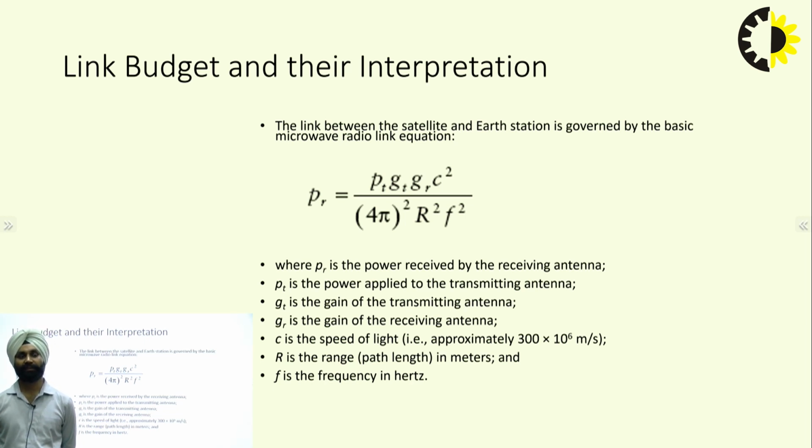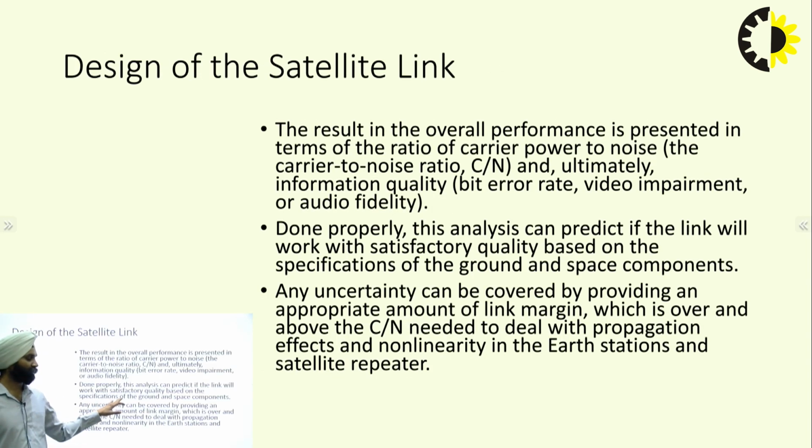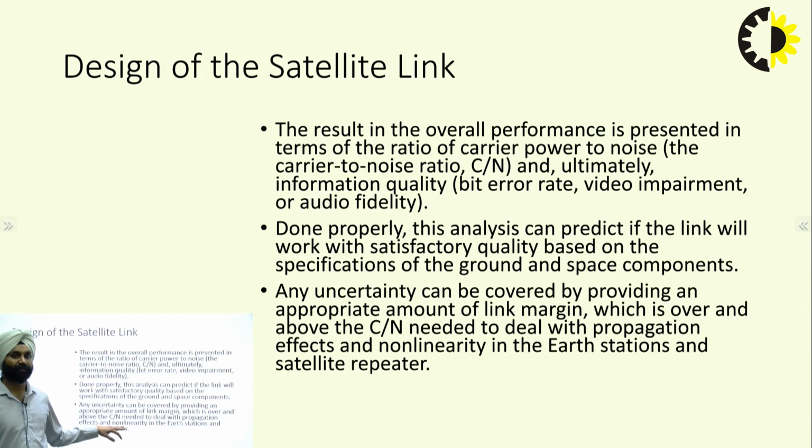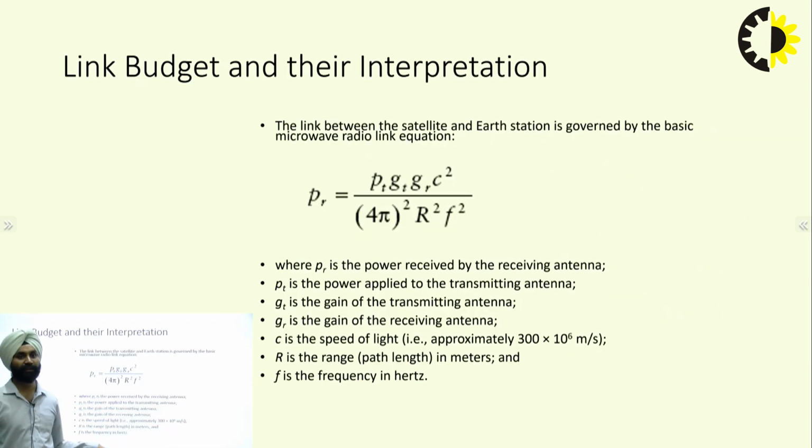The link between the earth station and satellite is governed by the basic Friis equation, which gives the received power equal to the transmitted power, the gain of the transmitting antenna, the gain of the receiving antenna, into the speed of light squared, divided by 4 pi squared r squared, where r is the distance between satellite and earth station, and f squared. Here PR is the power received by the receiving antenna, PT is the power transmitted by the transmitting antenna, GT is the transmitting antenna gain, GR is the gain of the receiving antenna, and C is the speed of light, approximately 3 into 10 raised to power 8 meters per second.